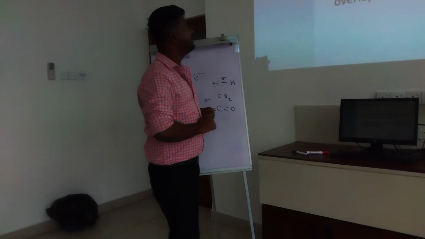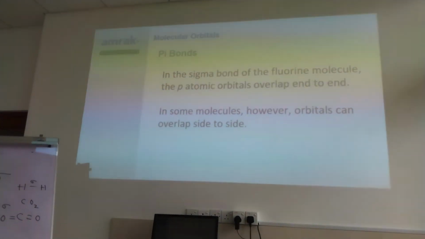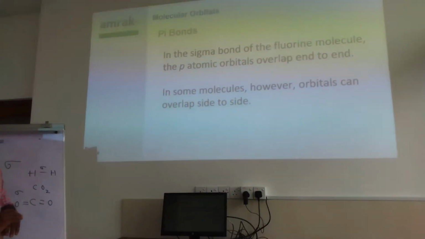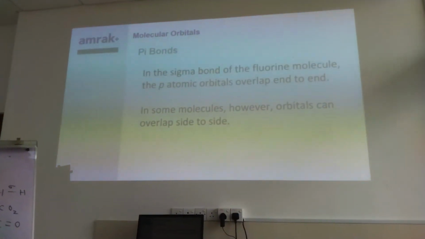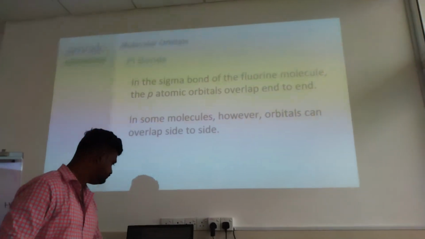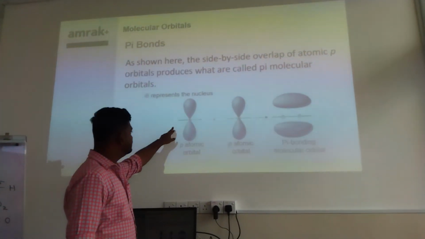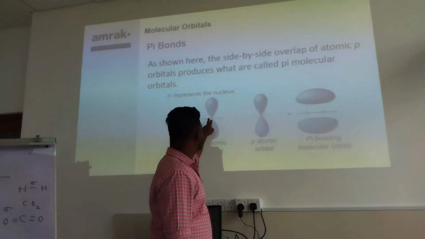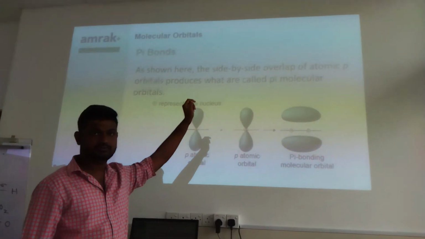In the sigma bond of the fluorine molecule, the p atomic orbitals overlap end to end. In some molecules, however, orbitals can overlap side to side. See, when these two are bonded, that is a sigma bond, end to end.